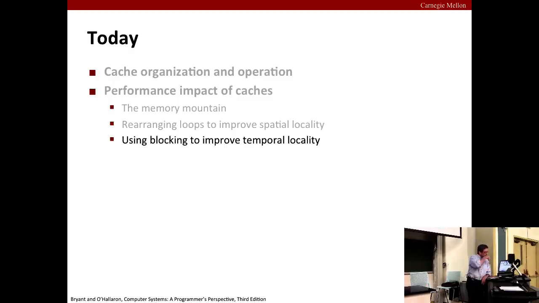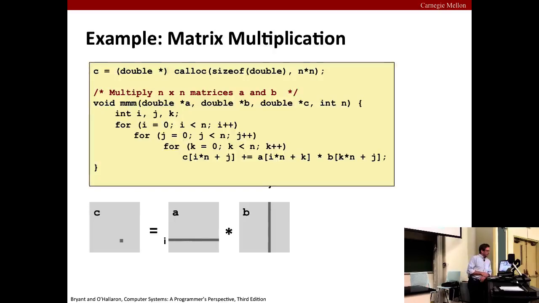We're not going to go into too much detail on this code, but I rewrote the matrix multiply so that it operates on a contiguous array. A two-dimensional matrix, you can really just think of as a contiguous array of bytes. So I rewrote this code to operate on a one-dimensional array, and I'm doing the indexing explicitly here.